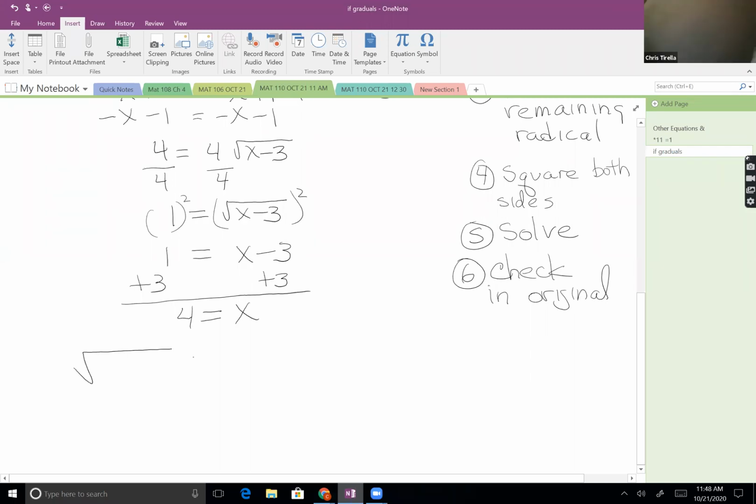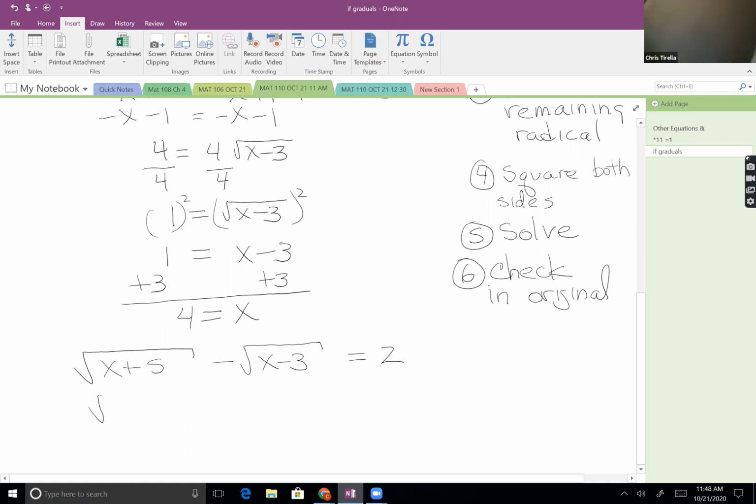So backtracking, the original equation was the square root of x plus 5 minus the square root of x minus 3. We're hoping that equals 2.